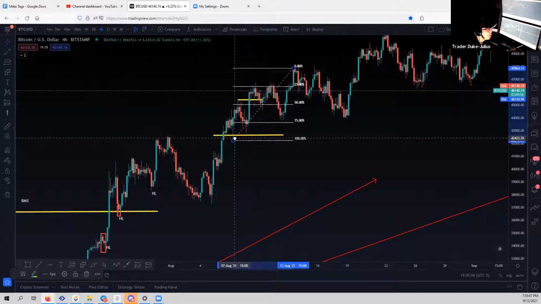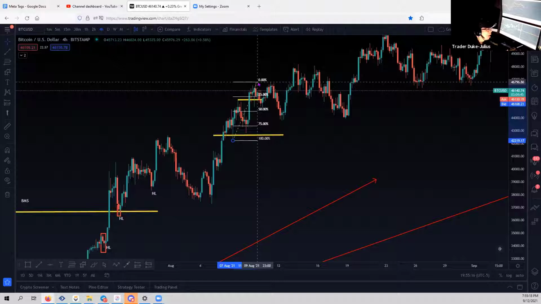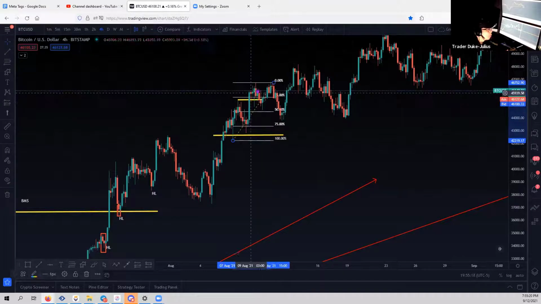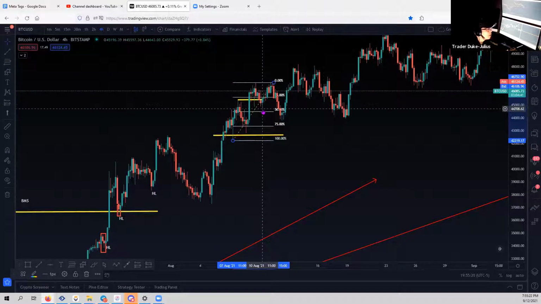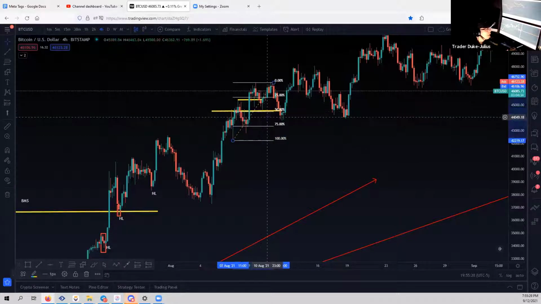But you know, the behavior is what's important. So really this behavior, this was the wick that actually created this bull run, this bull impulse. And then price broke market structure and started pulling back. As price started pulling back, if you notice, here's our new 50 line right there.